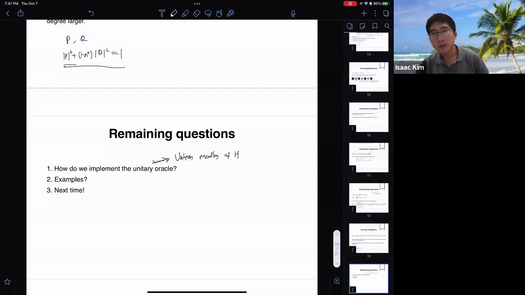It was a bit abstract today, so we're going to discuss that next time. Next time we're going to focus on how to actually construct these unitary encodings. Okay, so that ends a little early, but I can take questions.